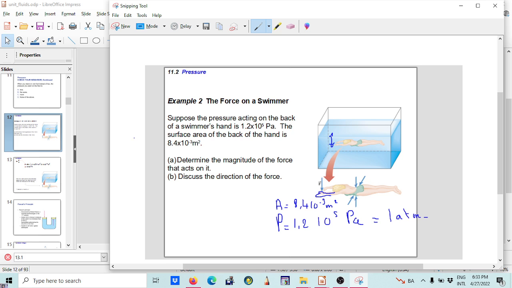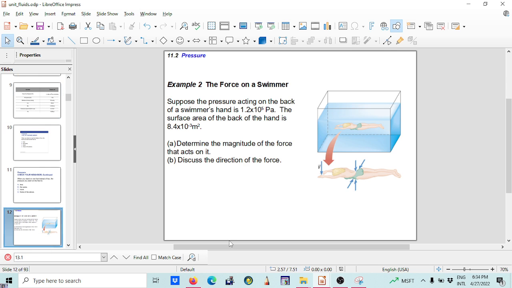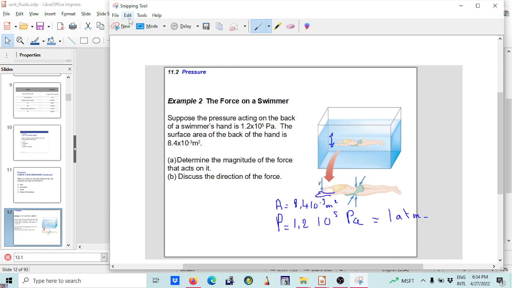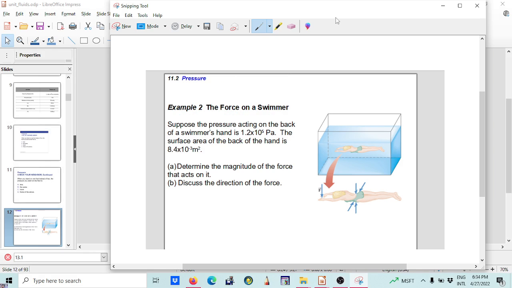So remember, 1 atmosphere is 10 to the 5. Sorry, let's go back. She's not very deep in the water because you already have 1 atmosphere here, right? So 1 atmosphere is 10 to the 5 Newton per meter squared.